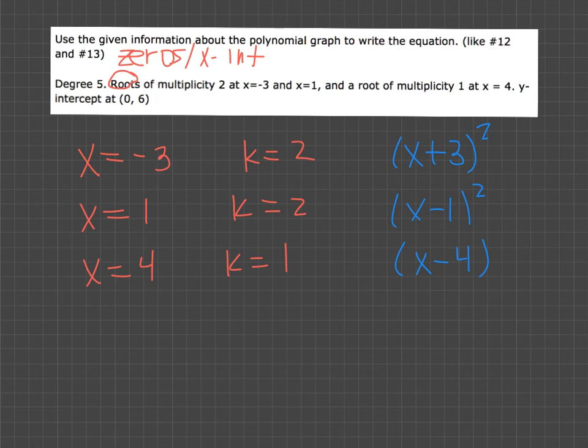Okay. So we can start to write the polynomial. It's f of x equal to, remember there's an unknown a out in front, and then we've got x plus 3 squared, x minus 1 squared, x minus 4. Okay, the other piece of information that's given to us is the y-intercept at 0, 6.